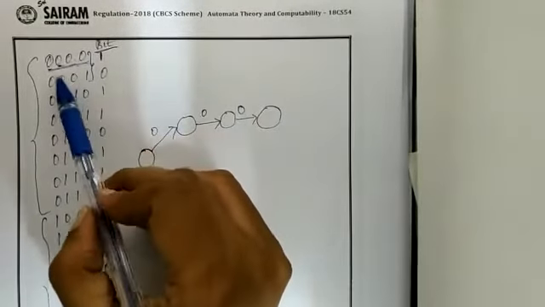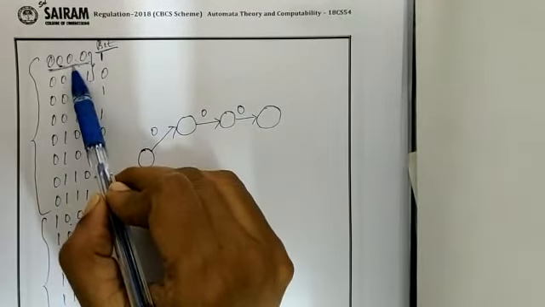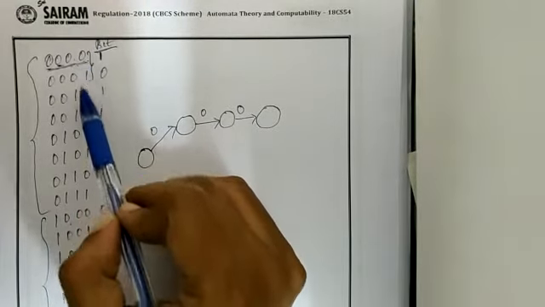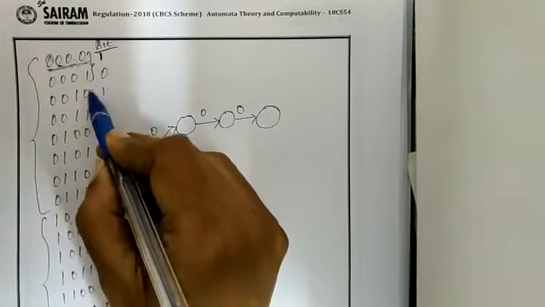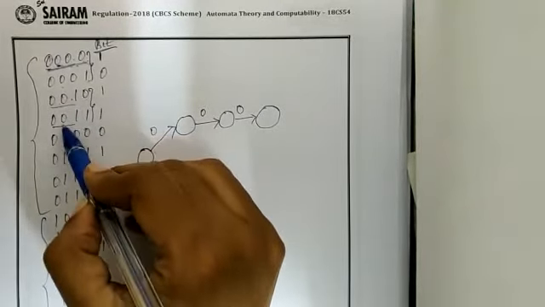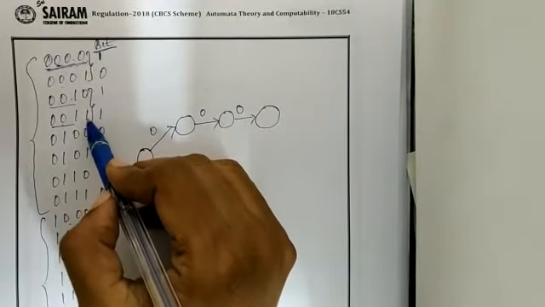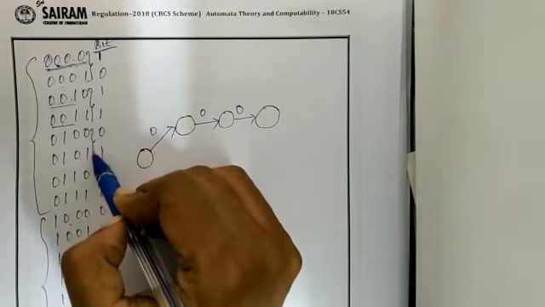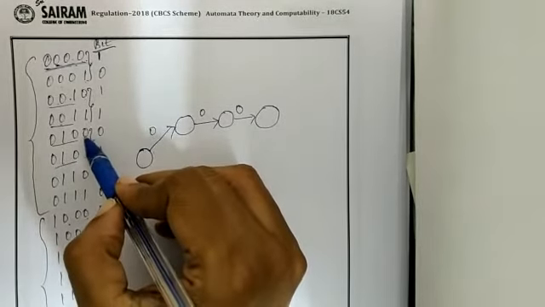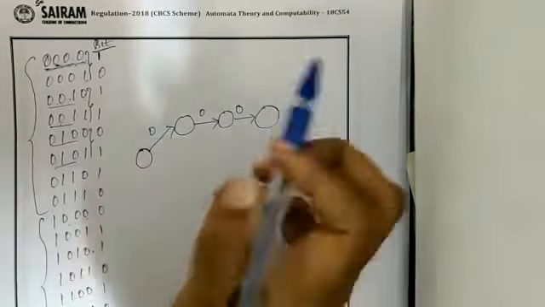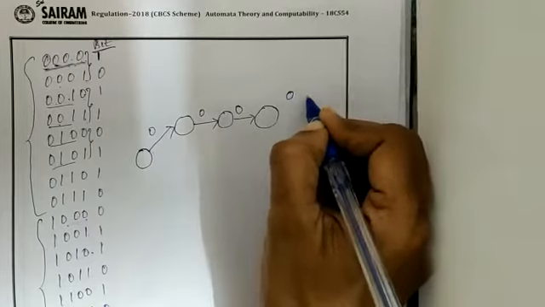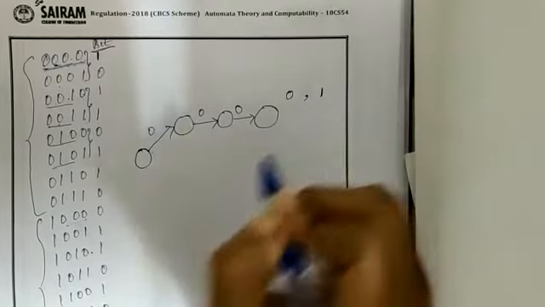If you take these two, the first 3 bits are the same, and the fourth bit can be either 0 or 1. Take the next 2 combinations, the first 3 bits are the same, 001, and the fourth bit will be either 0 or 1. Similarly, check these 2 combinations, the first 3 bits are the same. The fourth bit can be either 0 or 1.